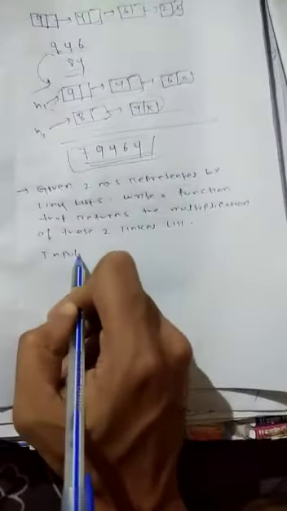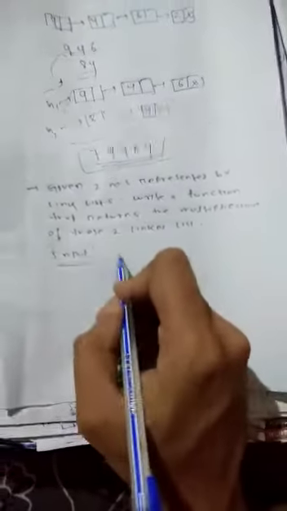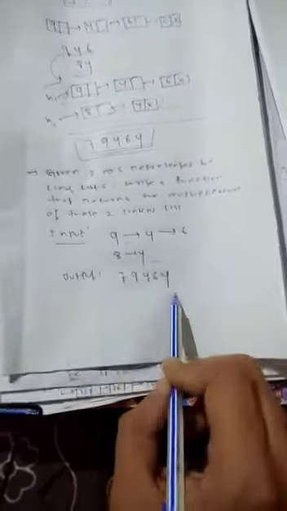That means if the input is a list containing 9, 4, 6 and another list containing 8, 4, then what is your output? Output is 7, 9, 4, 6, 4. That means two numbers we have to represent in linked lists, large numbers. Then we write a function that returns the multiplication.